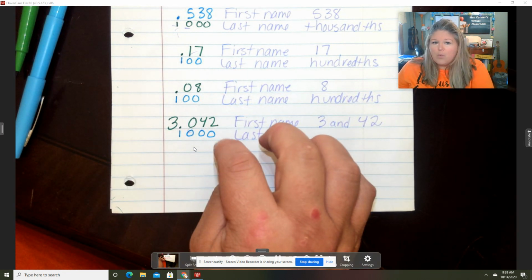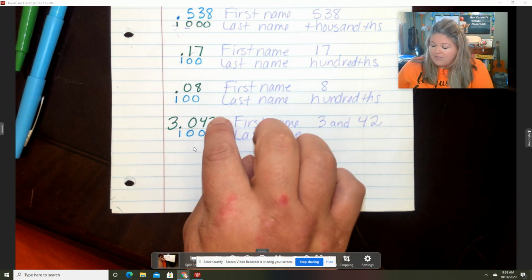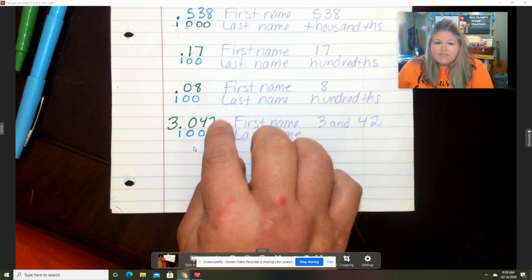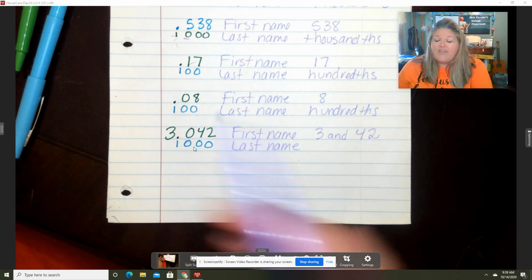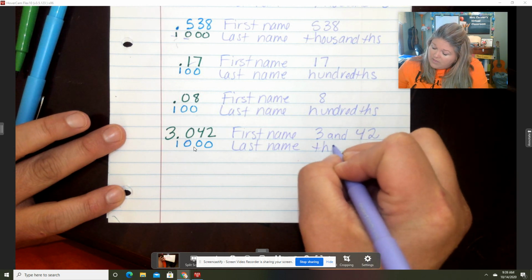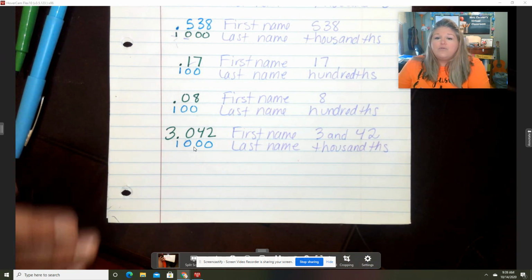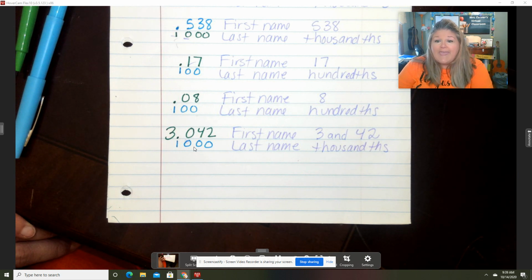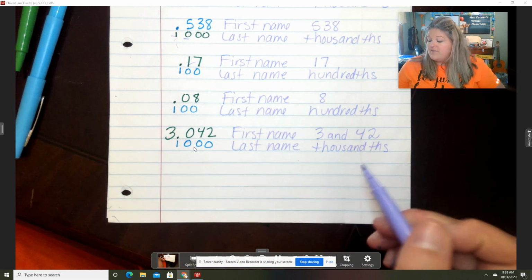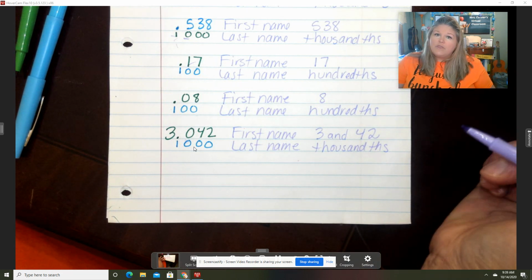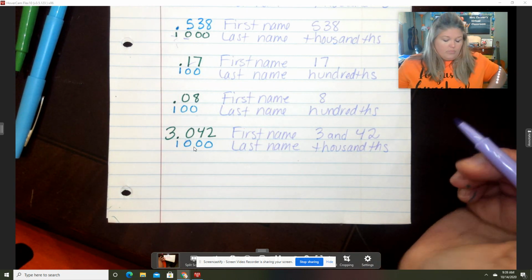What's my decimal worth here? I've got my 2 is over top the 1,000. So it would be thousandths. So you would say 3 and 42 thousandths. The decimal place is always going to be your last name.